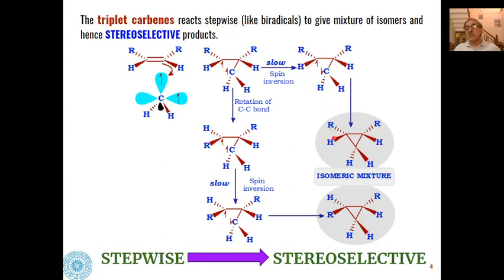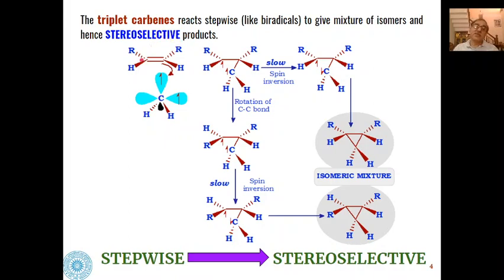So either through this step or through this step, they will act like biradicals. Both the electrons will not react at once, but will react one by one. So that is why they will give a mixture of isomers. Hence this addition of triplet carbenes to alkenes is a stereoselective reaction rather than a stereospecific reaction.